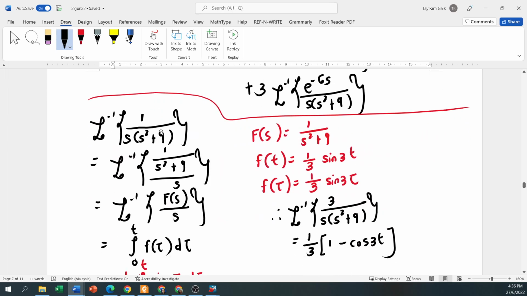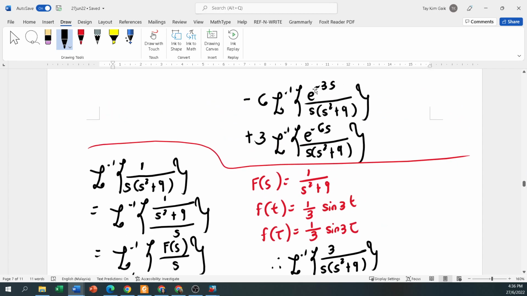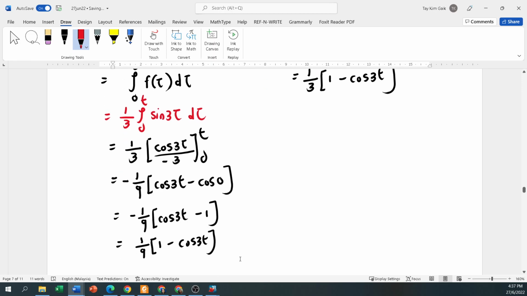You have negative 6 times exponent negative 3s, so the second term is in the form of negative 6 times the inverse Laplace of e to the negative 3s F(s), where F(s) is 1 over s squared plus 9, which we obtained using transform of integral just now: 1 over 9 times (1 minus cos 3t).